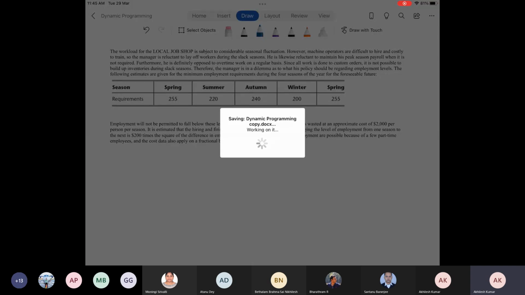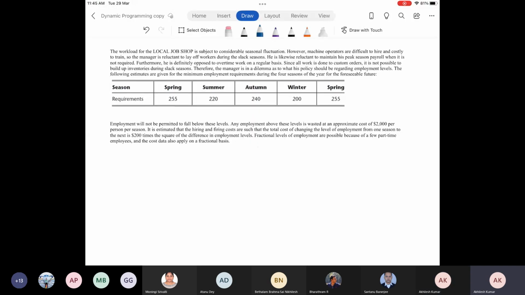Stages are the seasons, sir, and states are actually continuous. Yes. Actually, there will be indefinite stages because I don't know how far in the future we are looking.